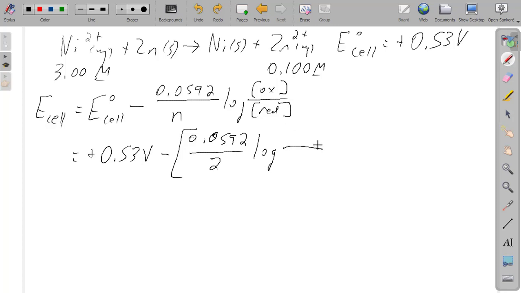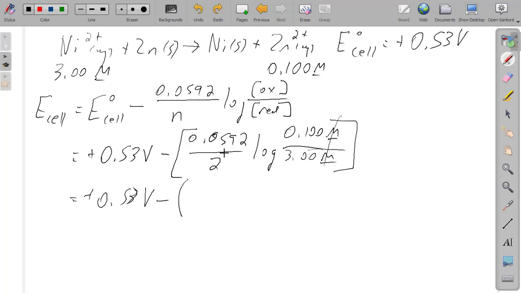Remember, it's the zinc that is doing the oxidation, so that's going to be 0.100 molar over the reduction concentration, which is 3.00 molar. And those units cancel just like they should in order to do log. So 0.53 volts minus 0.0592 over 2 times the log of 0.1 over 3, which of course is 0.0333.